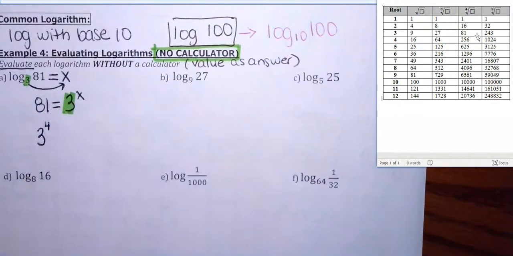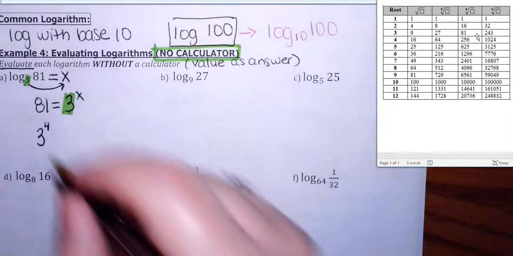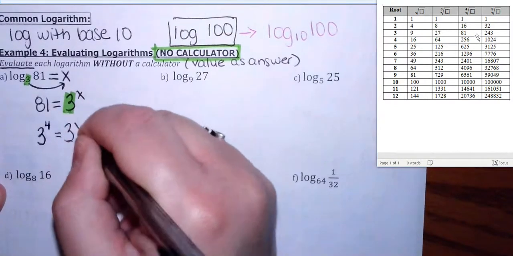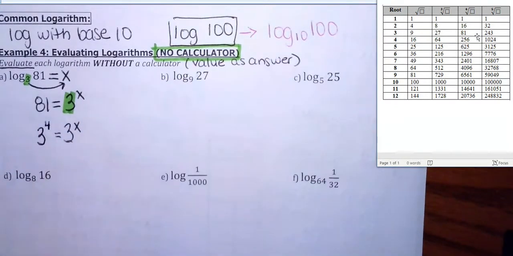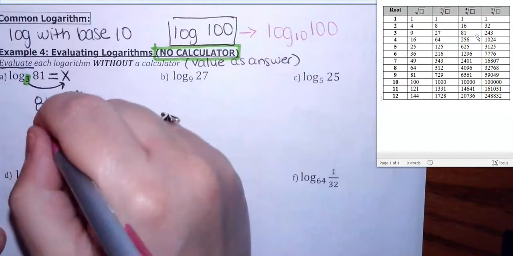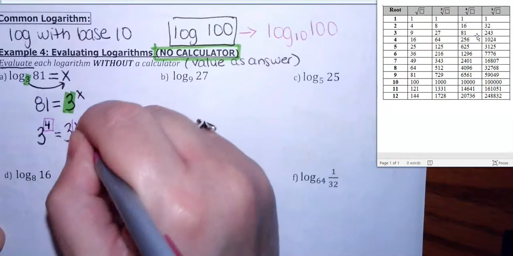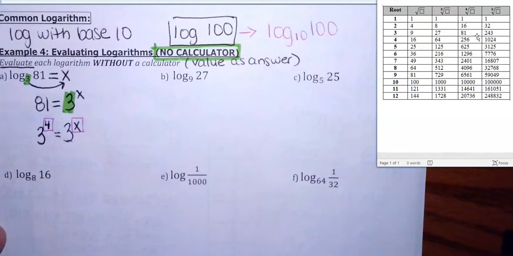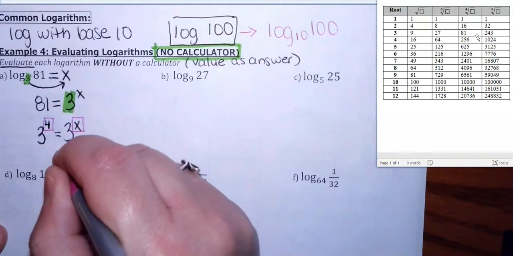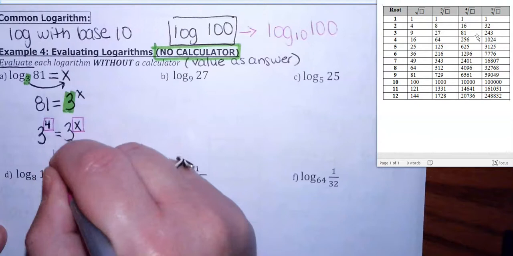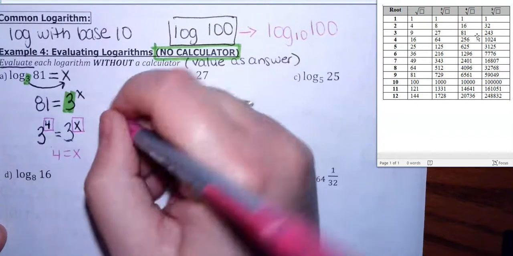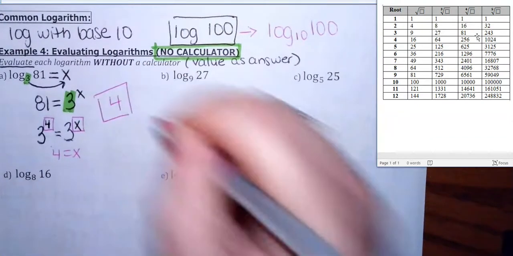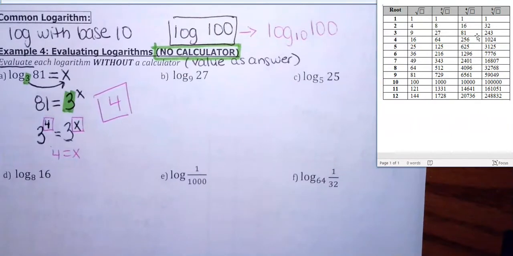And if that's the case, just like the equations we were doing on the front, if the bases are equal, then the exponents are equal. So this would literally be 4 is equal to x. And really, I just need my answer to be the 4. That's what I'm looking for there. You have to be able to do these without a calculator.